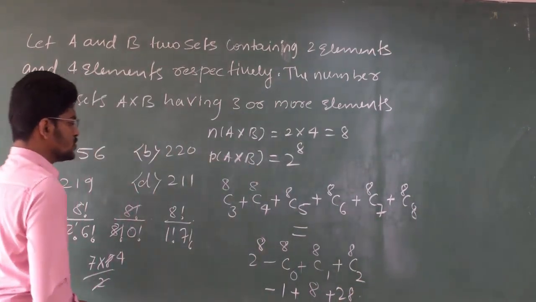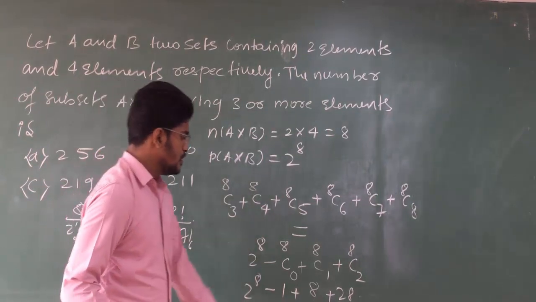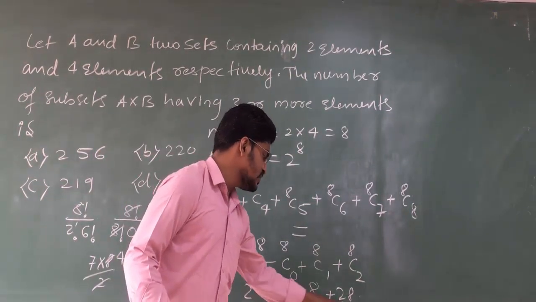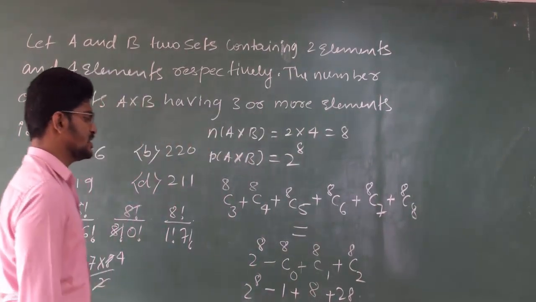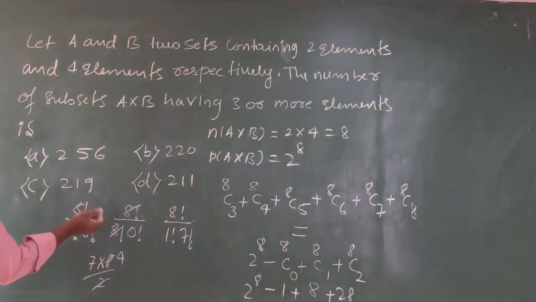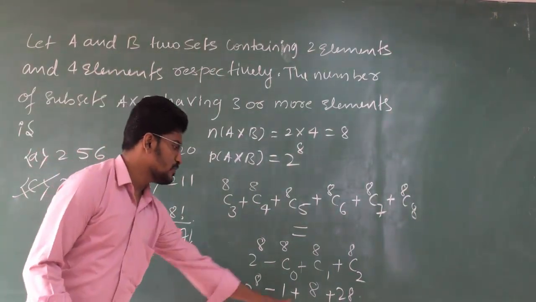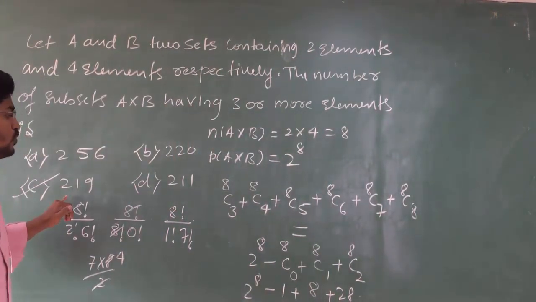Clear? So 2 to the power of 8 minus (1 plus 8 is 9, 9 plus 28 is 37), so 2 to the power of 8 minus 37 will be 219.